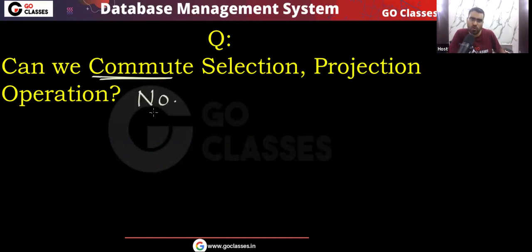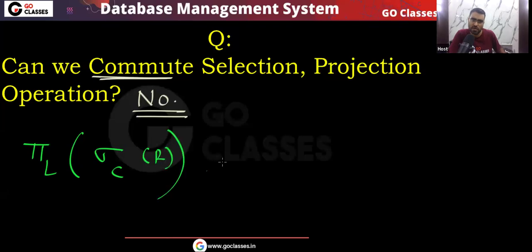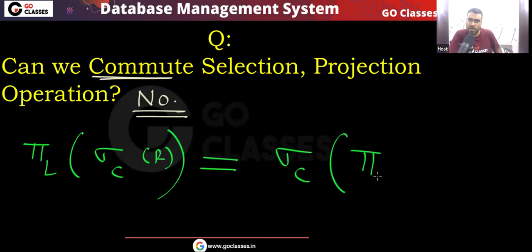The answer is no. Remember, the answer is no. It means if I give you this equation, pi L sigma C R, will it be same as sigma C pi L R? Will they be same? The answer will be no.